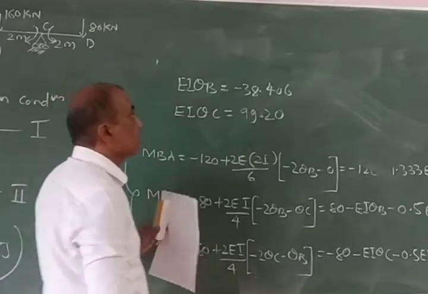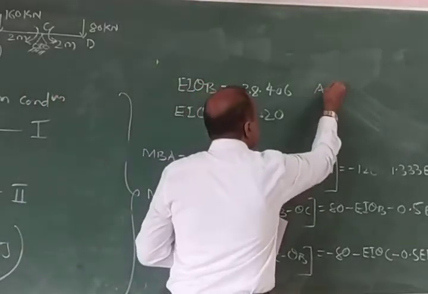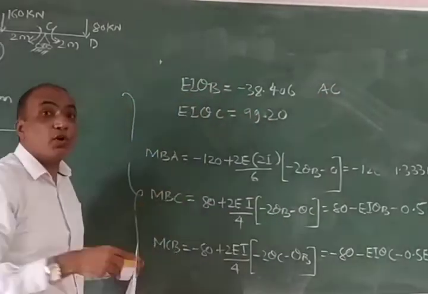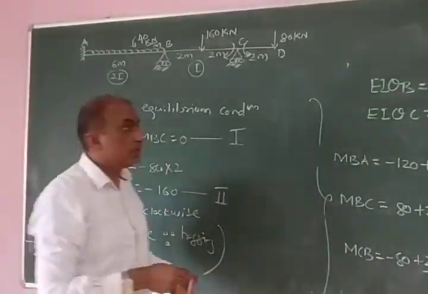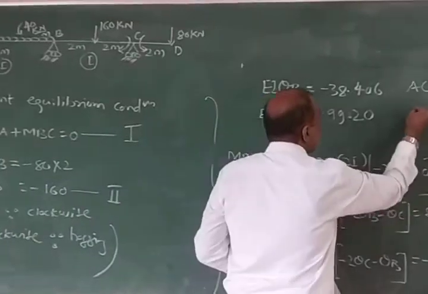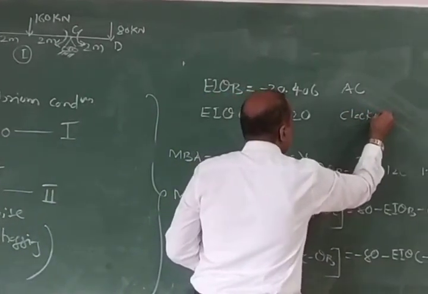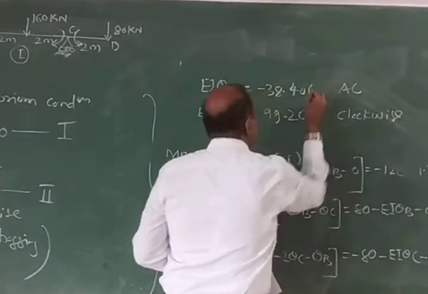So minus is anti-clockwise. Why? Because the sign convention for rotations is clockwise positive, but the sign convention for moments is anti-clockwise positive. So this is clockwise, this is anti-clockwise.